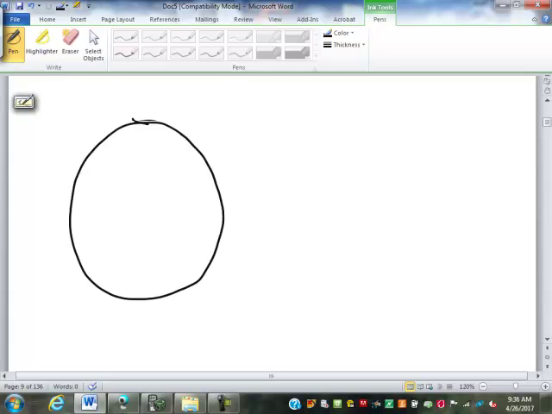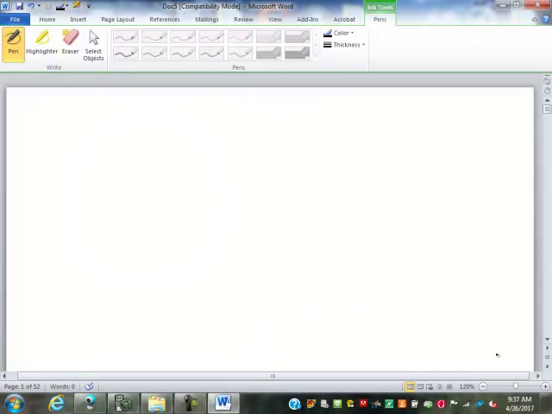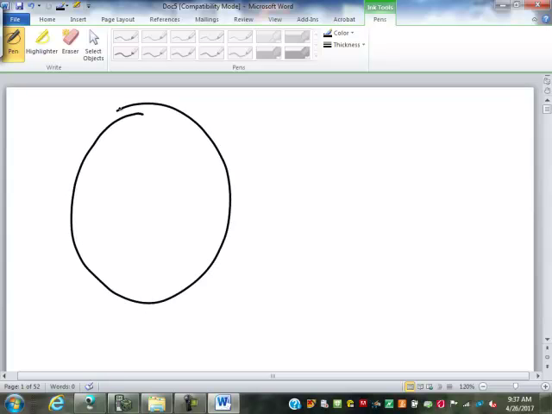To find the perimeter of a circle, as I said, either there are no sides to deal with or there's only one side, depending on how you look at it. The perimeter of a circle is called a circumference.